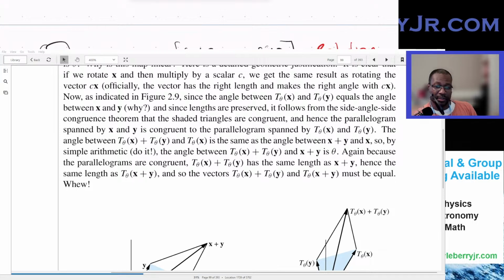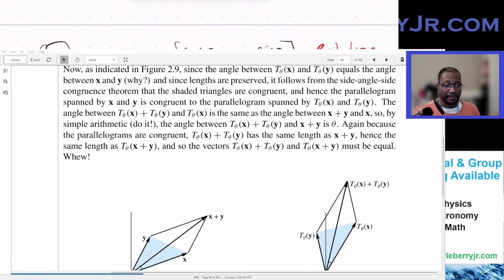And since lengths are preserved, it follows from the side congruence theorem that the shaded triangles are congruent, and hence the parallelogram spanned by x and y is congruent to the parallelogram spanned by T theta of x and T theta of y. The angle between T theta of x plus T theta of y and T theta of x is the same as the angle between x plus y and x.